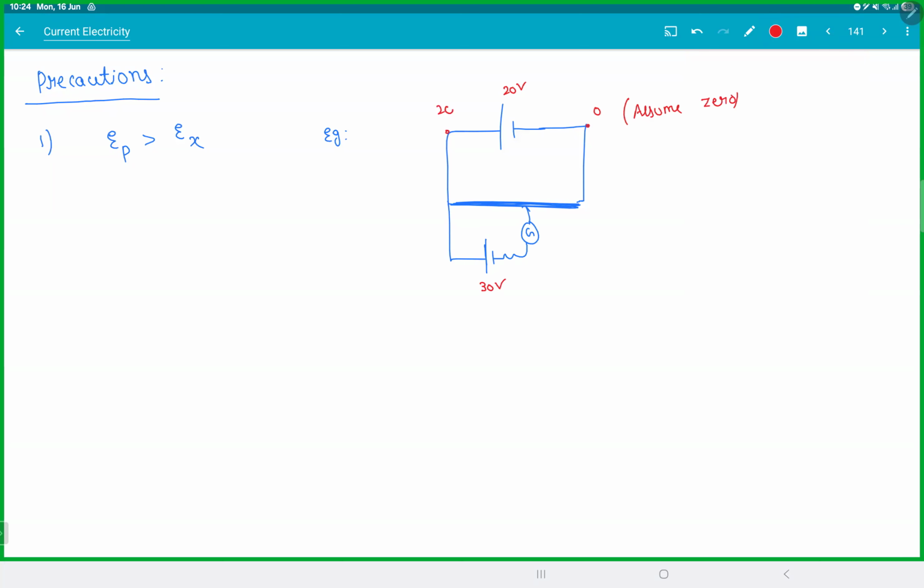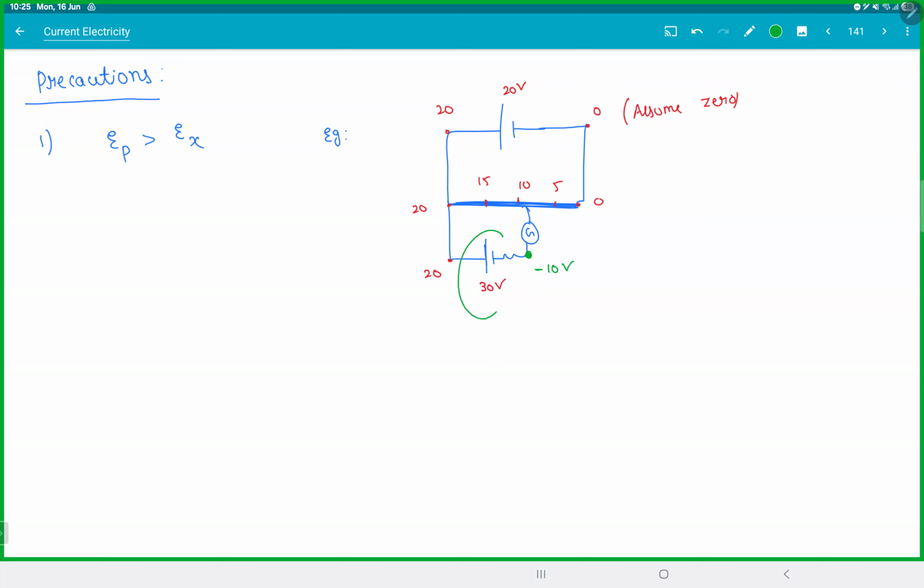Then this will be 20. This is also 0. This is also 20. Meaning, the numbers will be like 15, 10, 5, 0, something of that sort, isn't it? Now, this point is also 20. Can you tell me what will be the potential of this point here, the green one? Minus 10, isn't it?